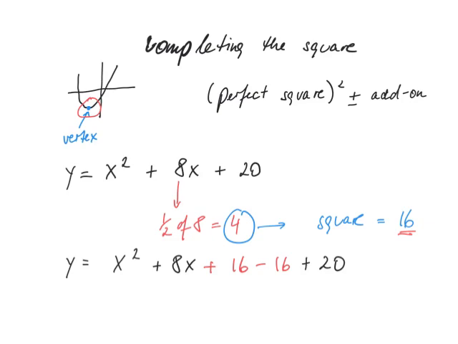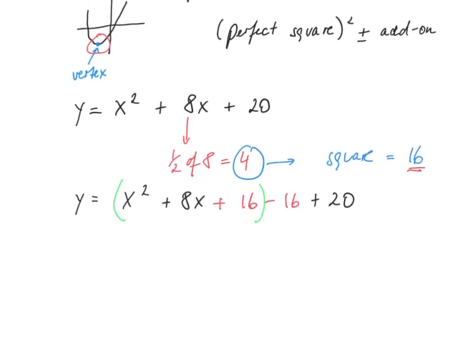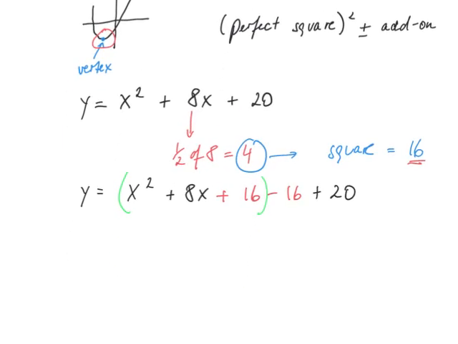I've just rewritten it. But now I can bracket this off, and from this I can form the perfect square. Okay, so this is now my perfect square. That would be x plus 1/2 of 8, all squared.